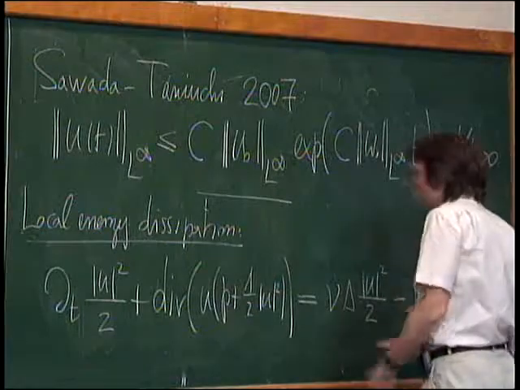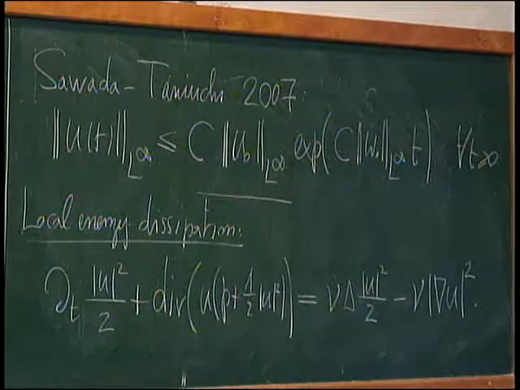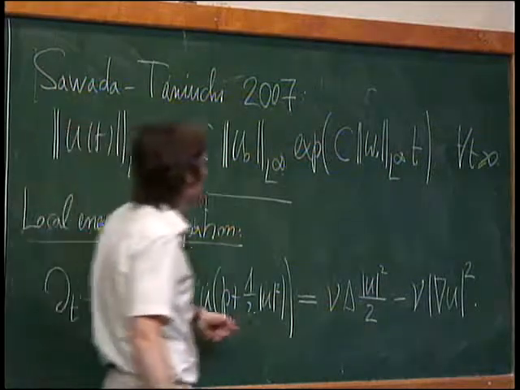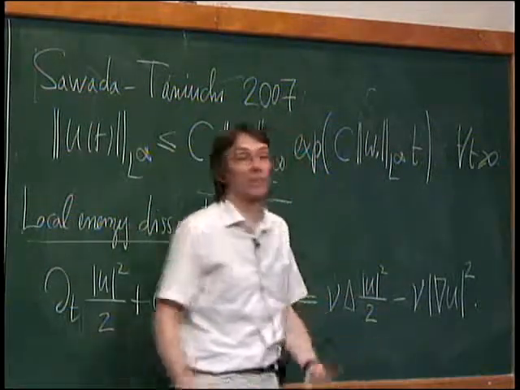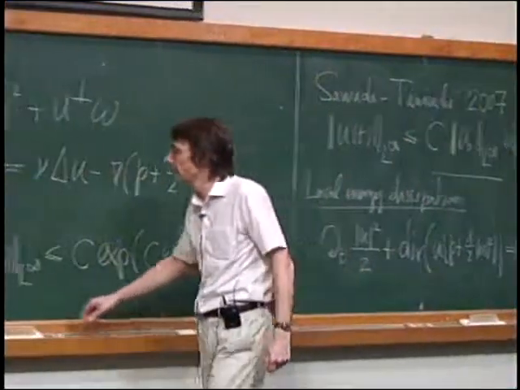Here, of course, I cannot integrate over the whole domain, but I can try to integrate over a subdomain. If I integrate over a bounded subdomain, then everything is okay, but I will have some flux terms, and these flux terms have to be controlled, and this makes the problem non-trivial and therefore interesting.